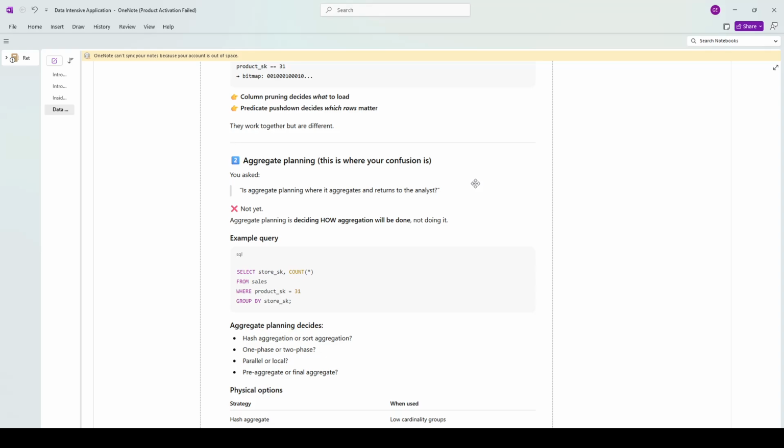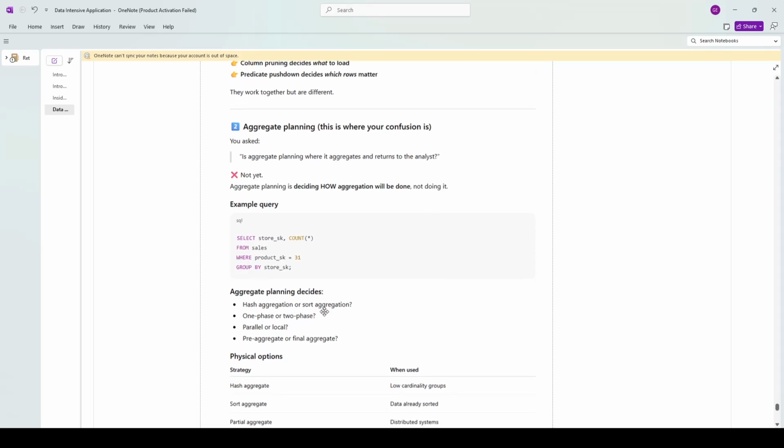Example query: select store_sk, count(*) from sales where product_sk = 31 group by store_sk; Aggregate planning decides hash aggregation or sort aggregation, one phase or two phase, parallel or local, pre-aggregate or final aggregate. So this is planning how the operation will be done. You will select first, then from sales, then where product, then group by.